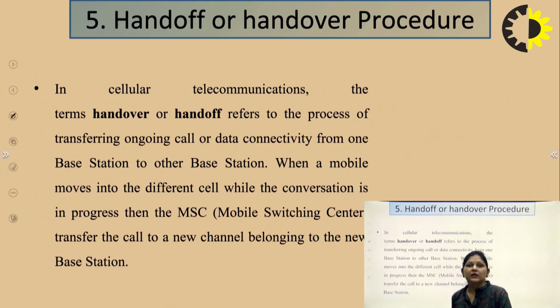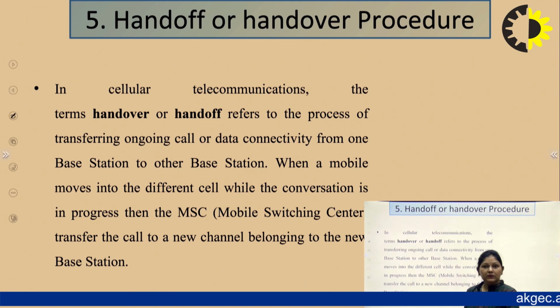There are chances that if you move to the other base station, the call will be dropped. So as to provide the service that your call is not dropped, the cellular infrastructure uses the concept of handoff.